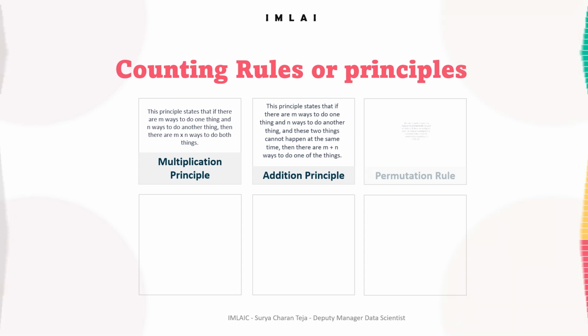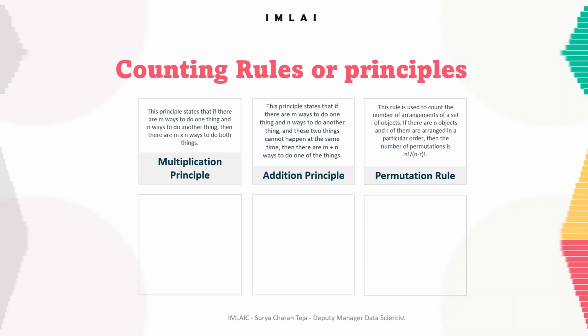Okay, next, the permutation rule. This rule is used to count the number of arrangements of a set of objects. If there are n objects and r of them are arranged in a particular order, then the number of permutations is n factorial divided by n minus r factorial.